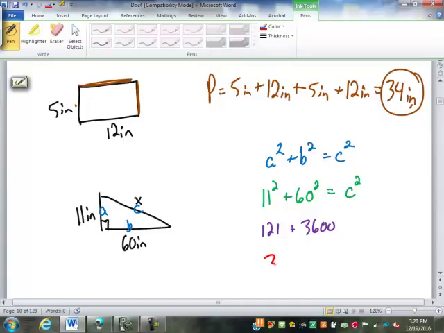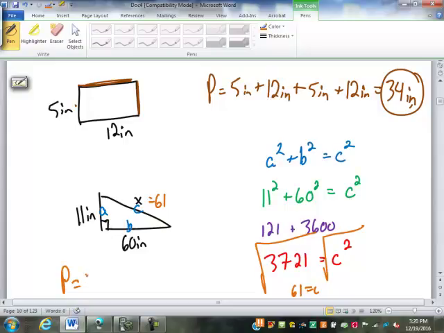That adds up to 3,721 equals C squared. And of course, we need to square root. That's 61. That side's 61. Now we can find the perimeter. It's 11 inches plus 60 inches plus 61 inches, which is 132 inches of perimeter. Any questions?